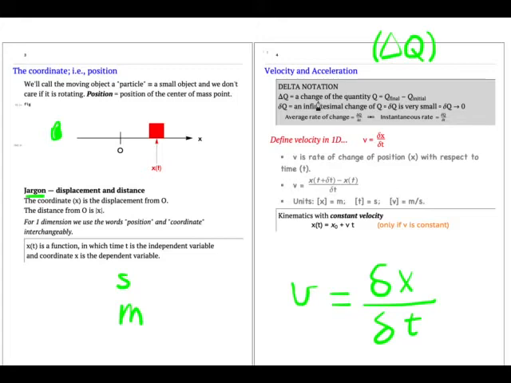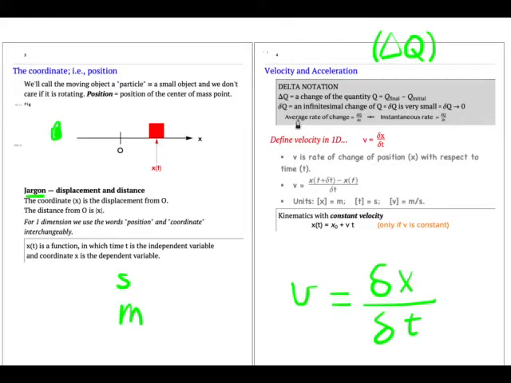It doesn't necessarily have to be small. But delta Q, when I use the lowercase delta, I imply that this is a small change. We might almost say an infinitesimal change. All I really mean is it's very small. If you use the ideas of calculus, it would be the limit delta Q tending to 0. But we don't use calculus in physics 231. So it's best if you just think of delta Q as something very small.